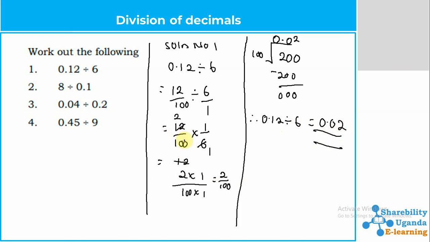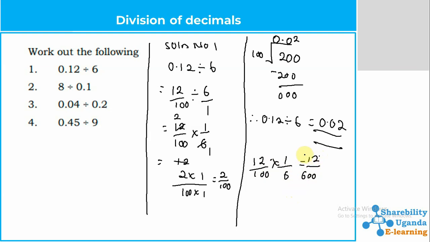So also here where we cancelled, sometimes you may not need to cancel. If you have your number like this, out of 100, you multiply by 1. This was out of 6. So this is the same as 12 out of this times this, 600. So you can also still cancel.